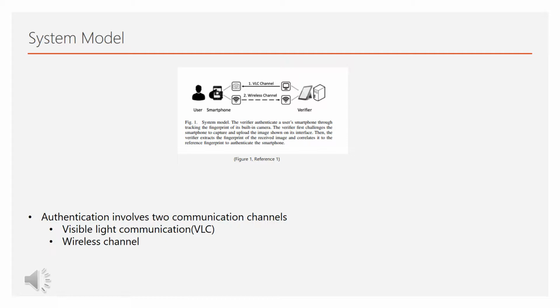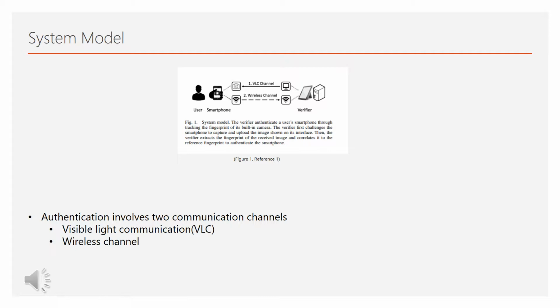What happens during the ABC protocol is, after the user has registered their picture, the verifier will post two QR codes. The user will take a picture of the two QR codes, and in doing so, the image that the user took will have a fingerprint on it for that phone.